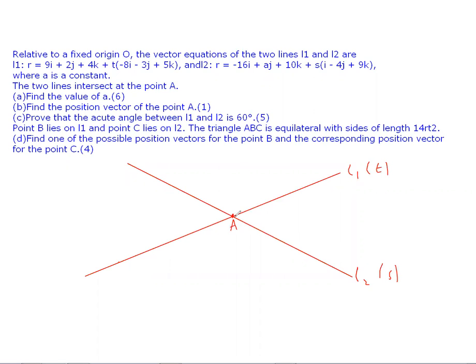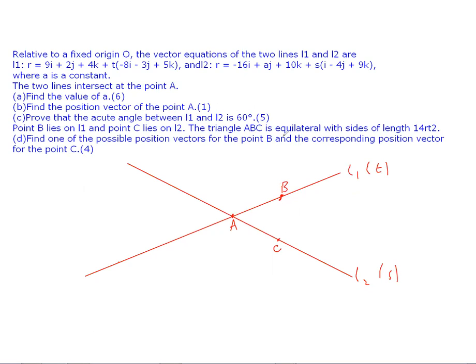So I know they intersect at the point A, and B lies on L1, and C lies on L2.